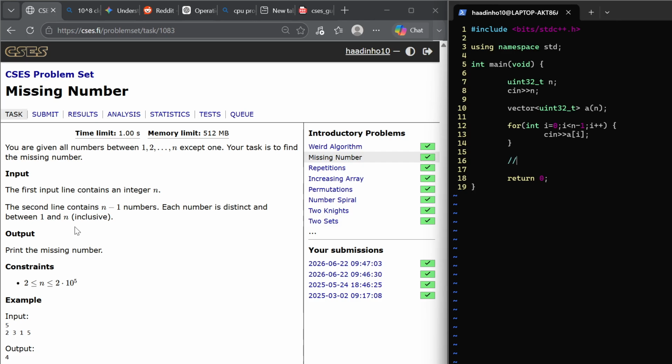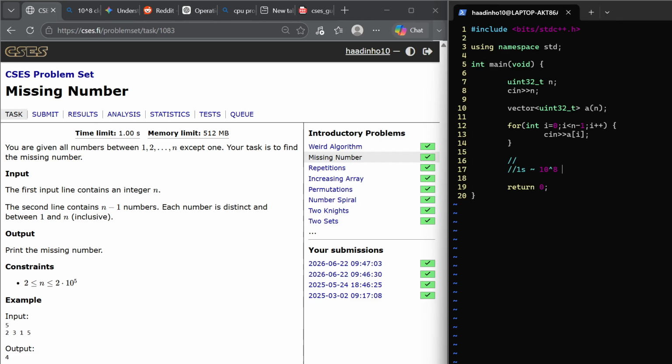So the most important thing about this problem actually is the constraint. If you see the constraint, it can go maximum up to 10 power 5. The time limit is 1 second. Just to let you know, 1 second typically means it's going to work up to an input size of 10 power 8.